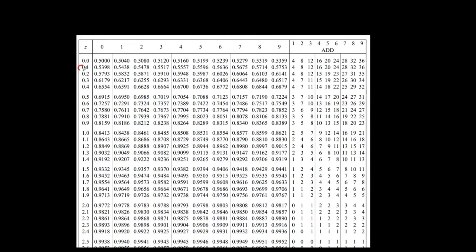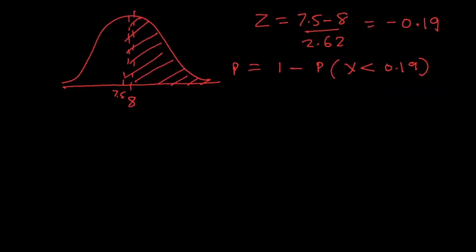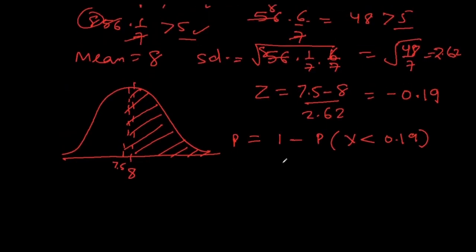Okay, 0.1 is here, 0.19 is 0.5753. So it will be 1 minus 0.5753, which is 0.4247.